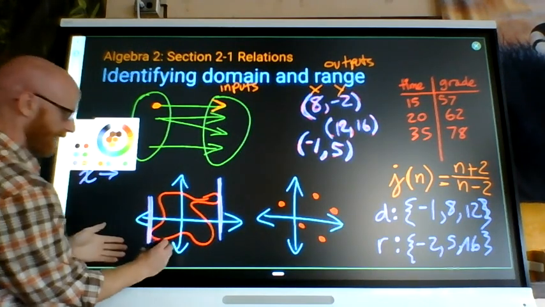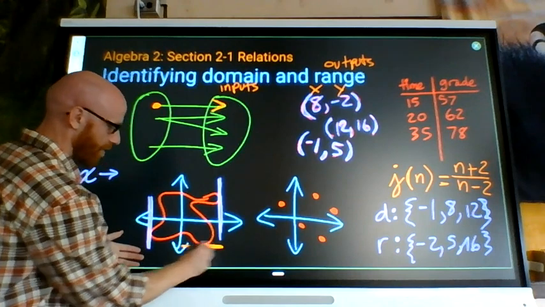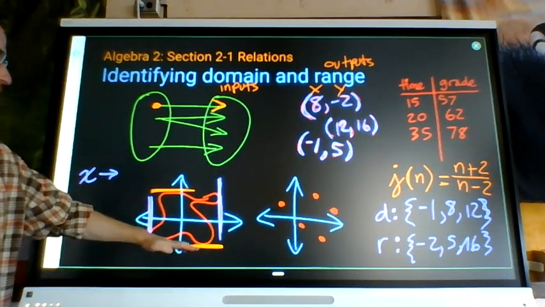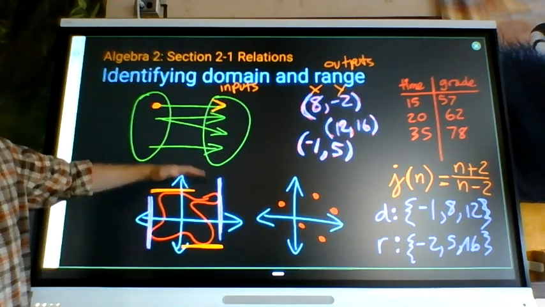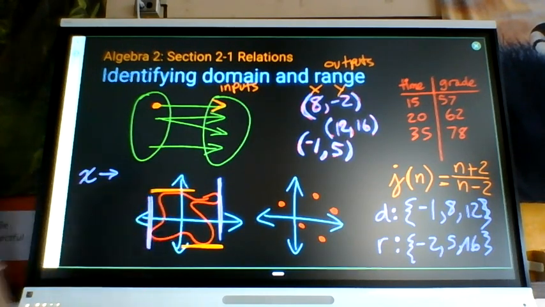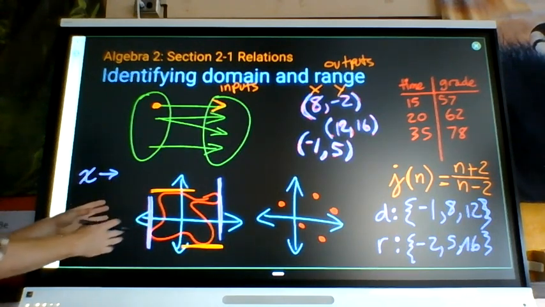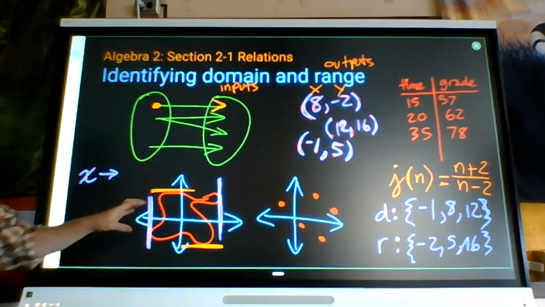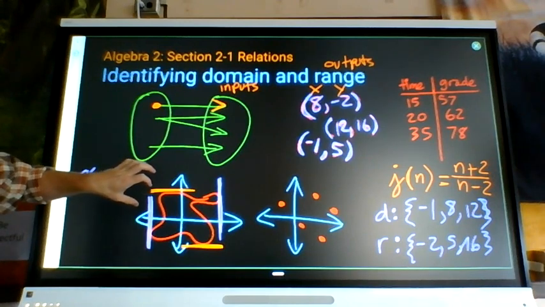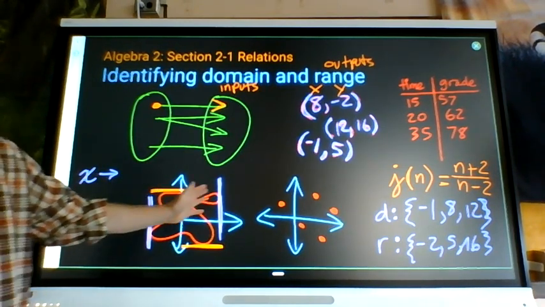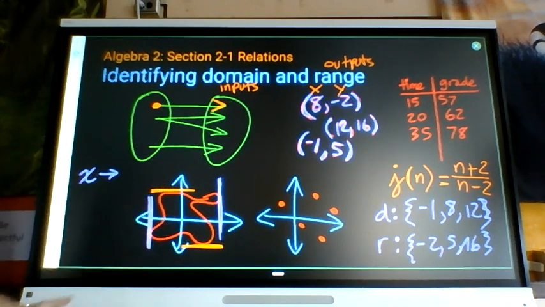I'm going to say, what is the lowest Y value that I have? What is the highest Y value that I have? And I'm going to say Y goes from something to something. All right, so that would be listing a domain and a range for continuous data. Basically, we're boxing in the graph and saying what are all possible values of X and Y for that rule.